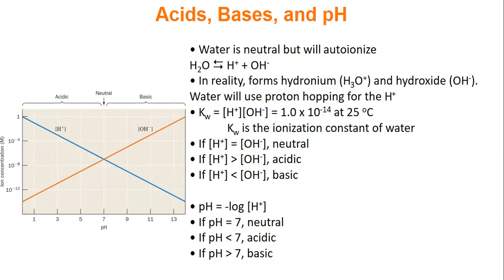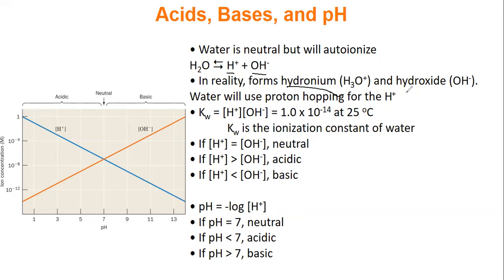And so the biggest acid and base in biochemistry would be water itself. And when you just have pure water, some of that water will go through the process of autoionization. That is, water will split to form H3O plus and OH minus. Here I just have it as H plus and OH minus for shorthand.